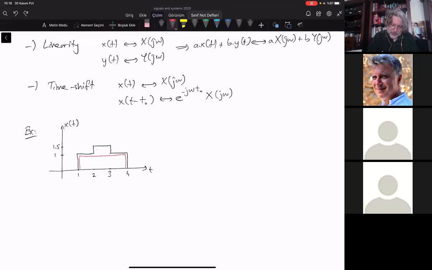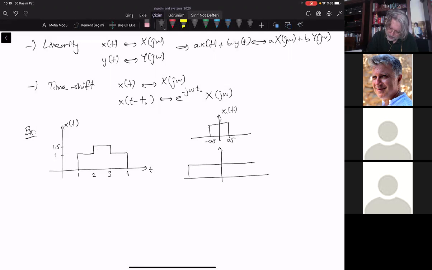So I will do it this way. I will think of a rectangular box like this first, from minus 0.5 to 0.5 with a magnitude of 1. I will call this x1 of t, and then I will have another wider box from minus 1.5 to 1.5.